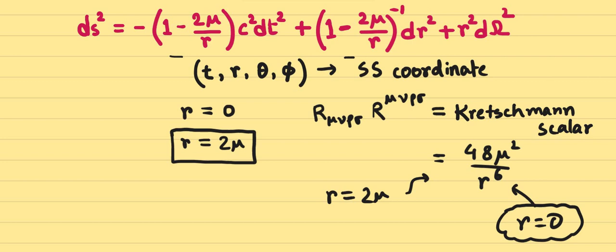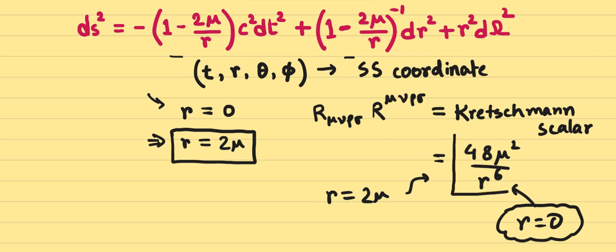So our next goal is to create a coordinate transformation which removes this coordinate singularity. And we also know from a previous discussion that no amount of coordinate transformation will remove the singularity at r equal to 0, because it's not just a coordinate singularity, it is a singularity in the spacetime, which is evident from this Kretschmann scalar.